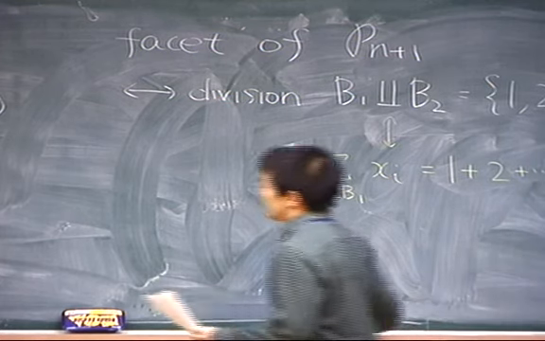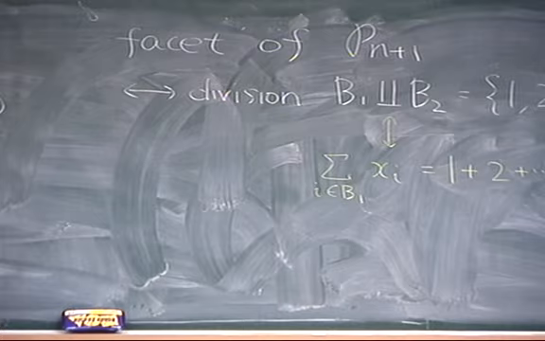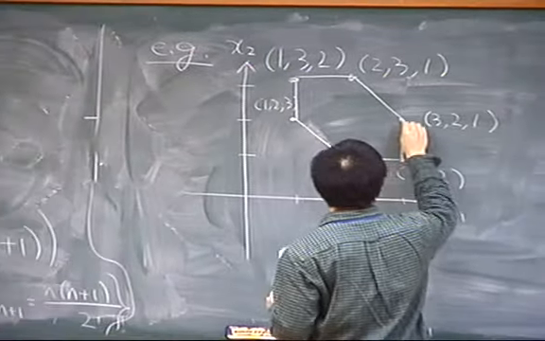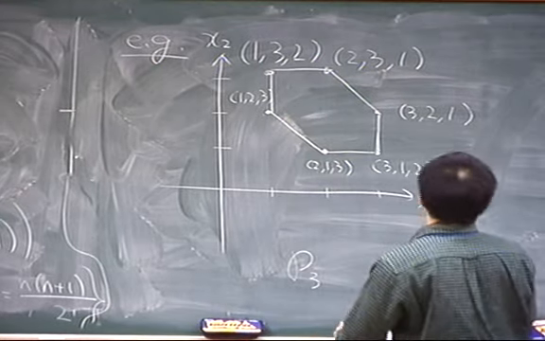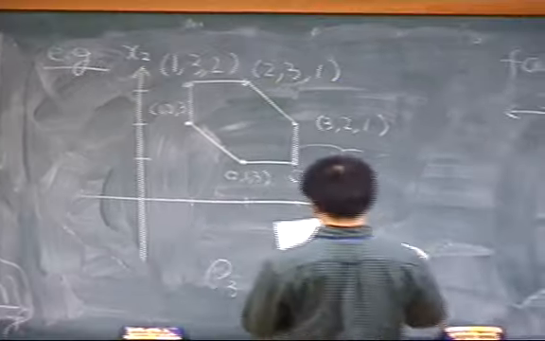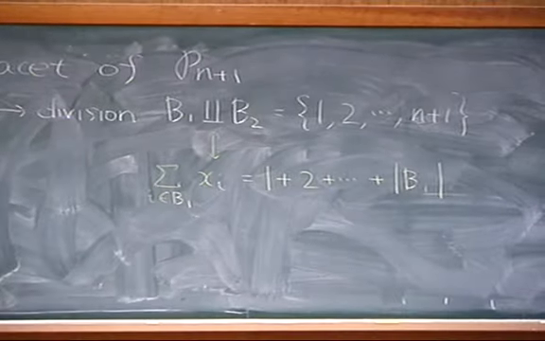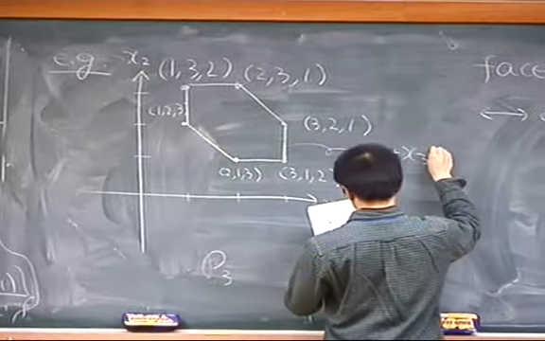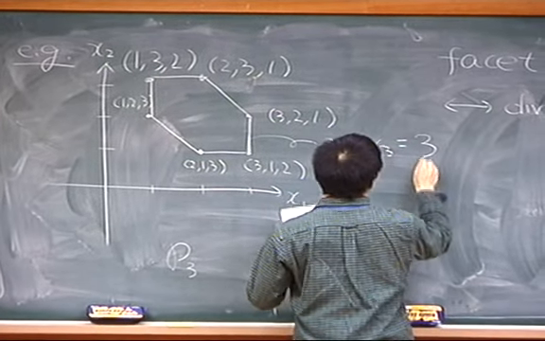So for example, this edge, this facet, is given by x2 plus x3 equals 3.